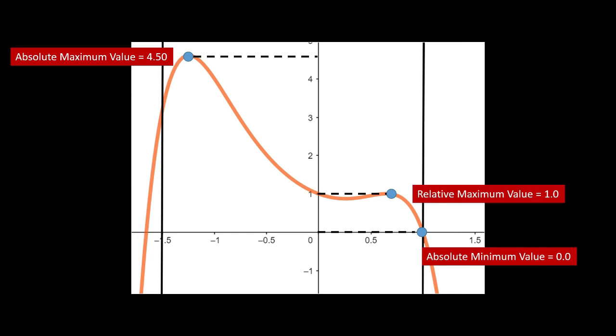Why do you call it relative? Because there is an open interval inside our larger interval, negative 1.5 to 1, where you will find a point, approximately something like 0.8, where f of that c will give you a relative maximum. How about the relative minimum?